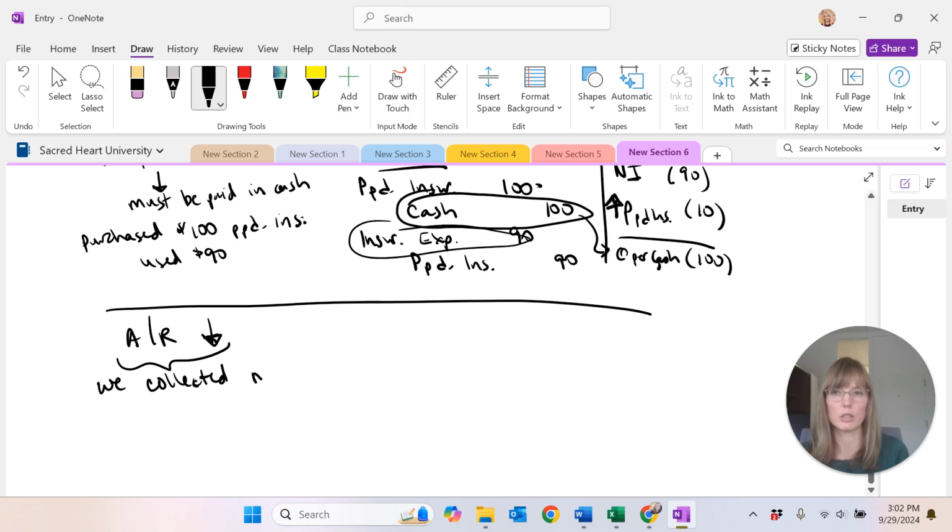So we collected more cash this period than we had sales revenue this period, or in other words, we collected cash from a previous period sale. So revenues were recorded in a previous period, and our cash was collected this period.